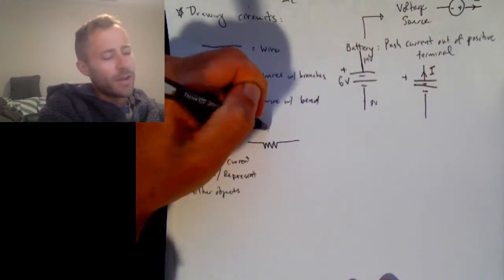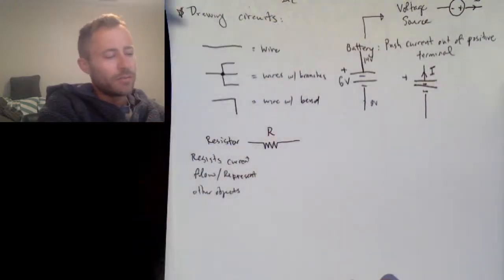Resistors have a value called R, which is the resistance.